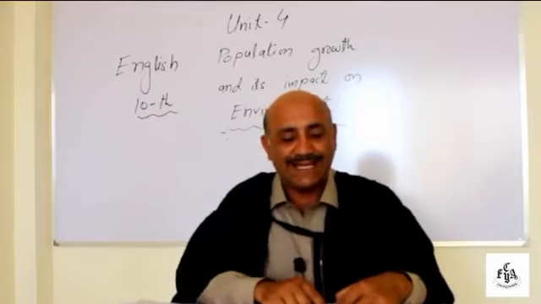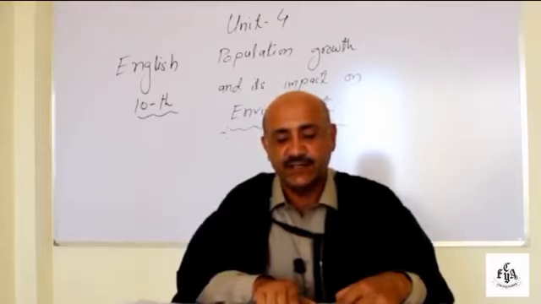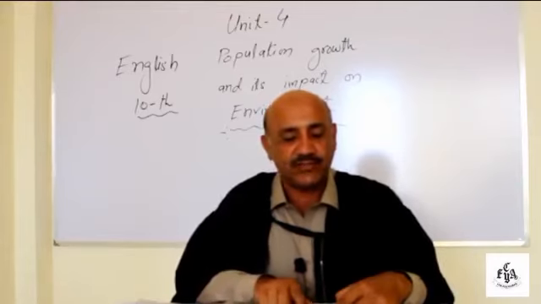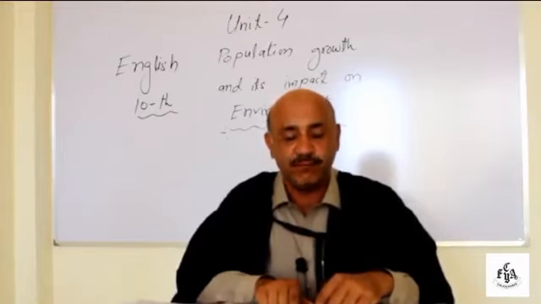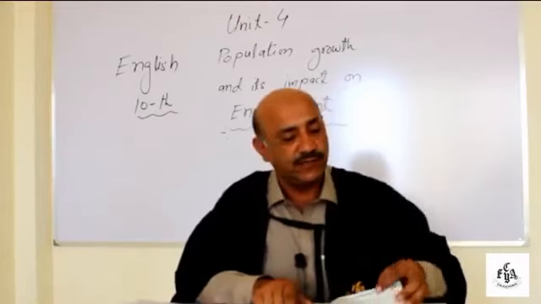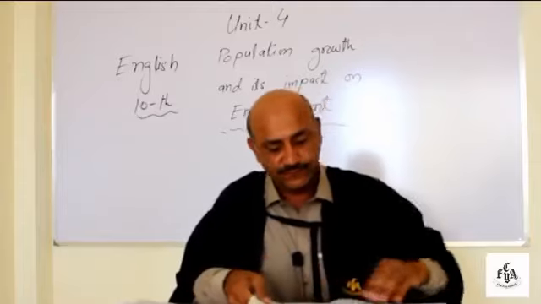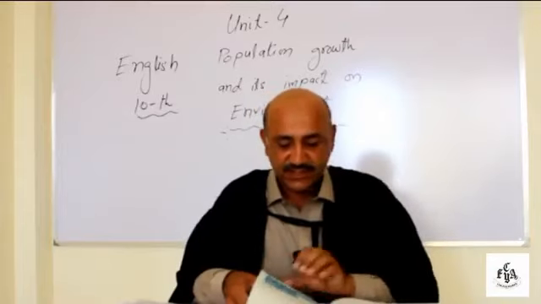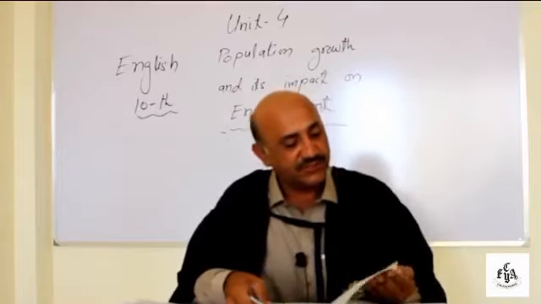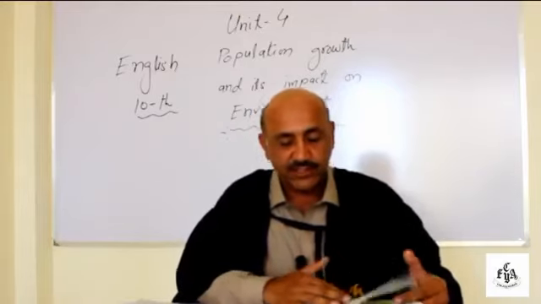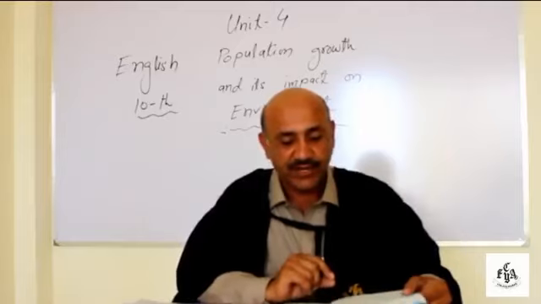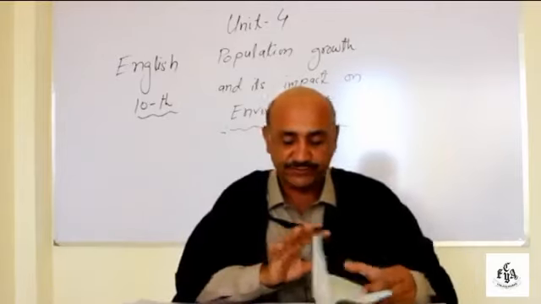Question number 4 now, analyze any passage of the text, population growth and its impact on the environment, and identify the key idea. Key idea means basic idea and its supporting details. Now move towards page number 32, read out page number 32, keep your eyes on page number 33 and page number 34 and find a paragraph which will support.